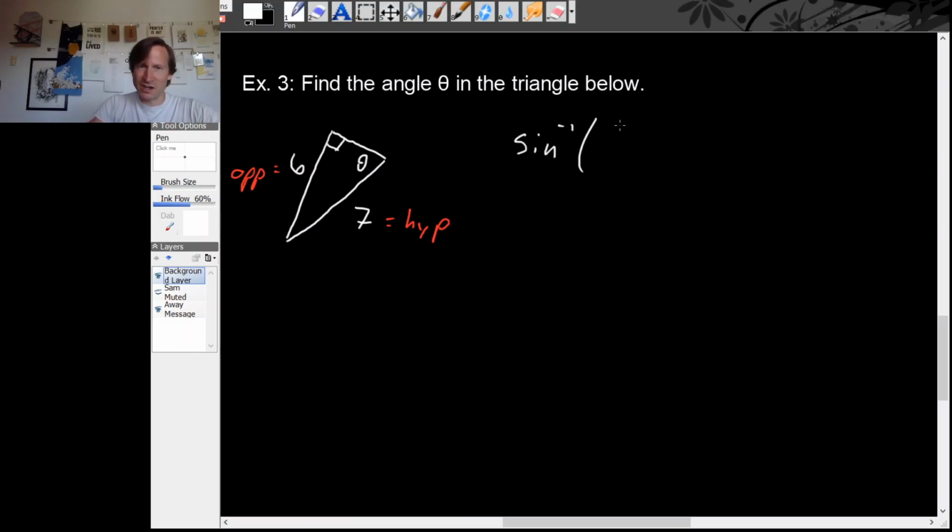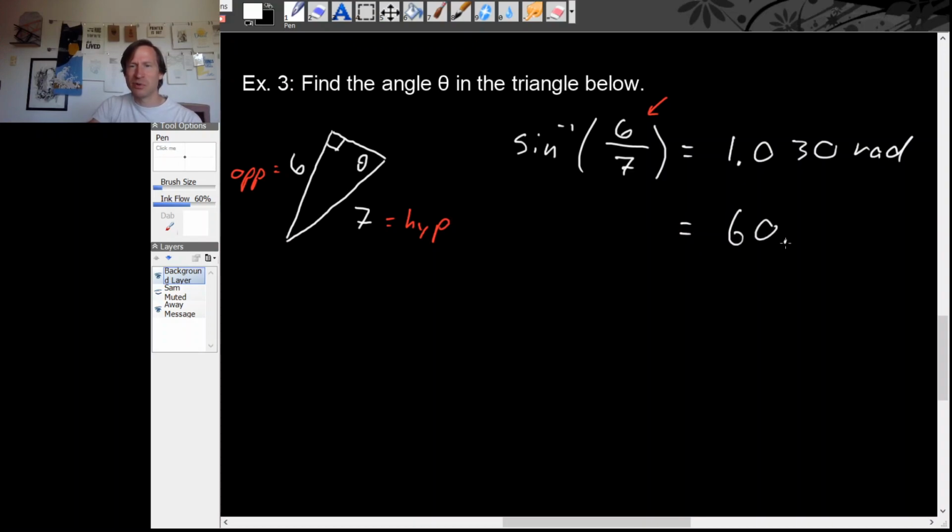Inverse sine of the opposite side, which is 6, over the hypotenuse, which is 7. And yet again, this is not a nice input for inverse sine, so use a calculator to approximate this, and you'll get 1.030 radians, or about 60.0 degrees. It's actually not exactly 60 degrees, but it's very, very close.